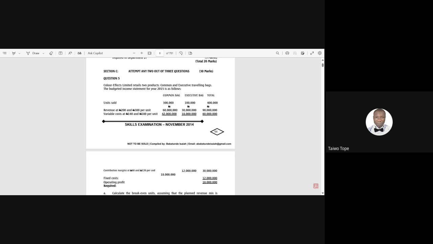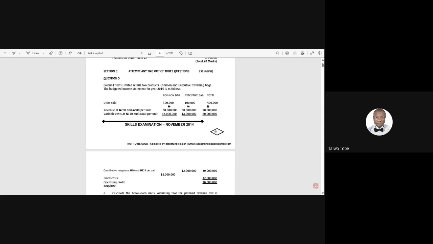Now, if you look at this question, the fixed cost is a joint cost for both products. Common bag is not having its own fixed cost. Executive bag is not having its own fixed cost, but they have a joint fixed cost common to both.